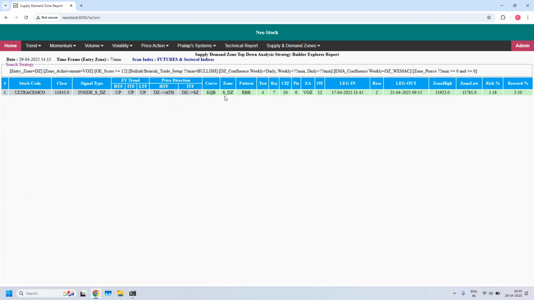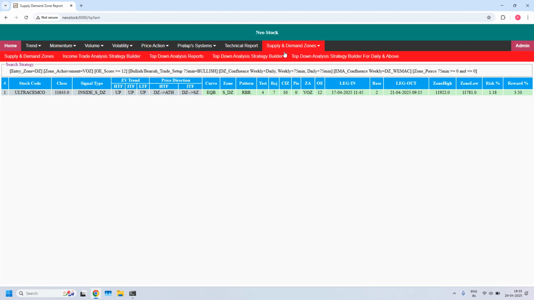So it is filtered. That means this zone has an even higher probability of success. That is the main reason why it is tested so many times so far. Okay, this is about a bullish trade setup for weekly income trade.